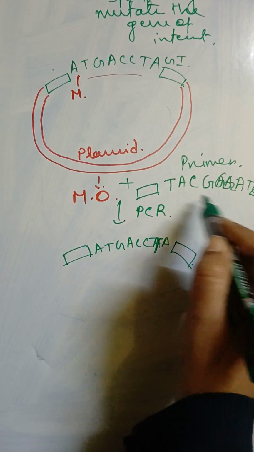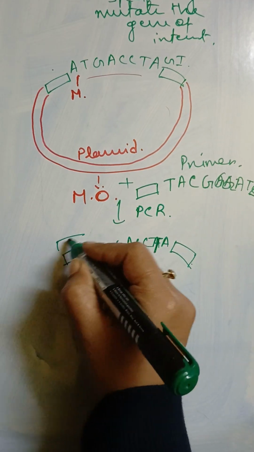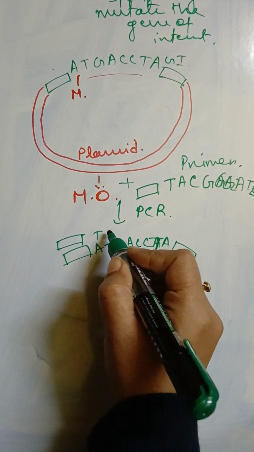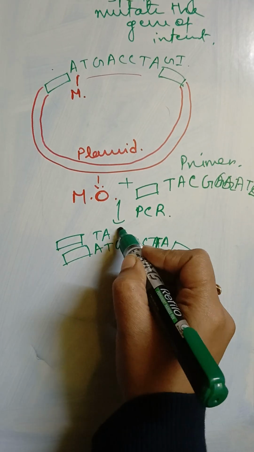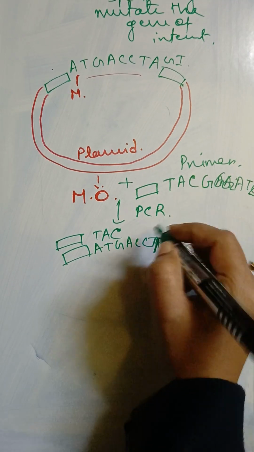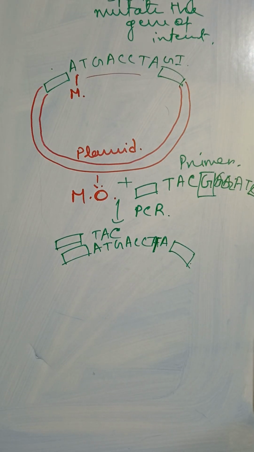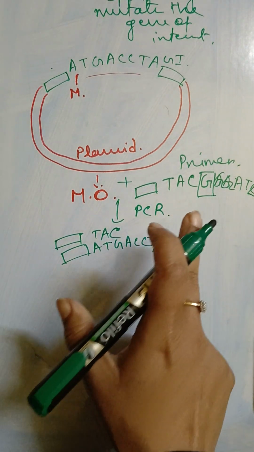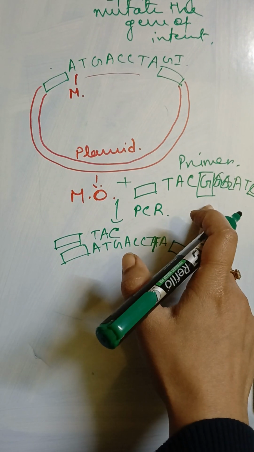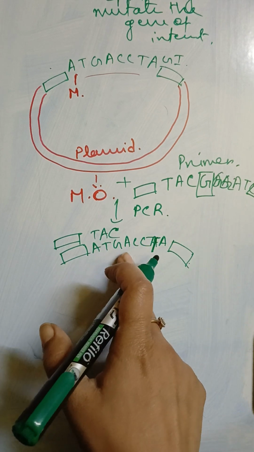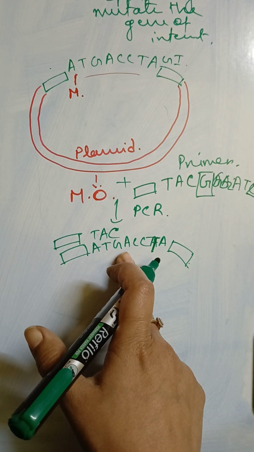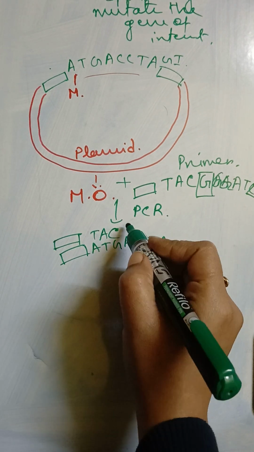Okay, this one will anneal to this. How? T A. See, now look at here. I have already mentioned there will be a change or modification in a single base of the primer, which will not anneal here at the gene of interest sequence. So it will not anneal.